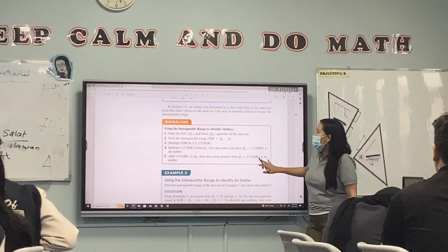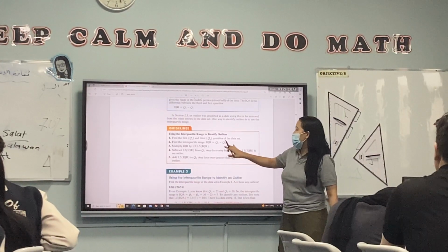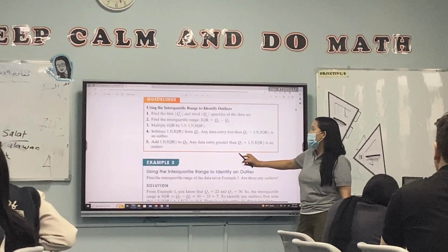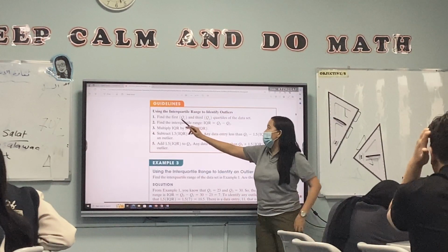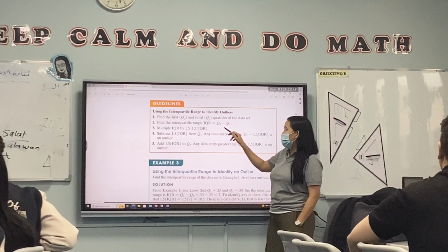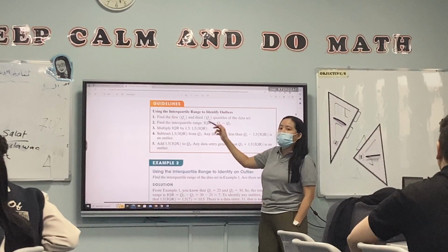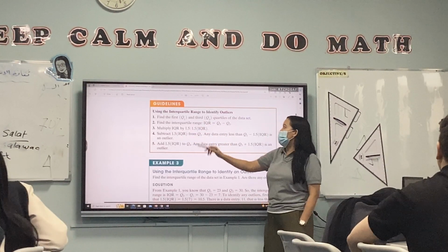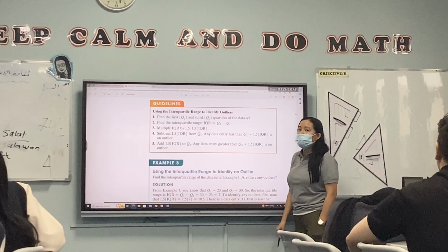Next, using the interquartile range to identify if there's an outlier. So first, find quartile 1 and quartile 3. Next, subtract them. And what you find here is the interquartile range. The third step is you will multiply it by 1.5.